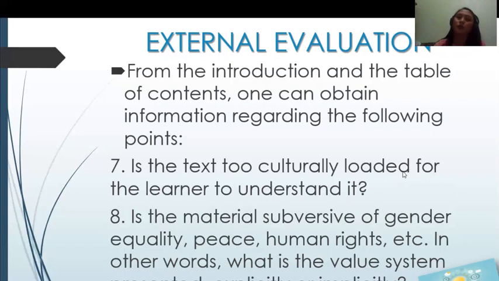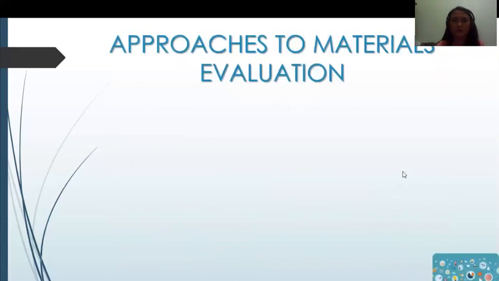It is very important that we as teachers look at whether the materials are appropriate and really suitable to the value system that we want our learners to get as they engage with the materials.